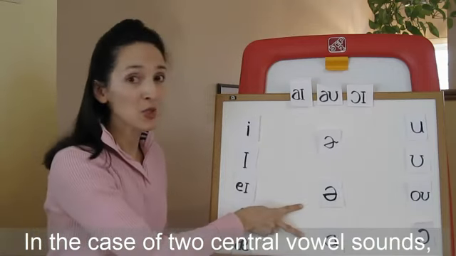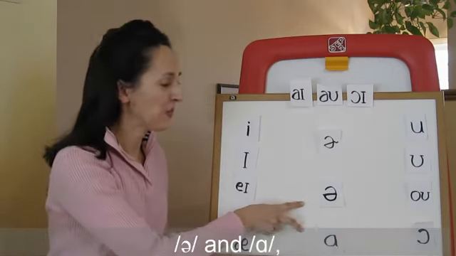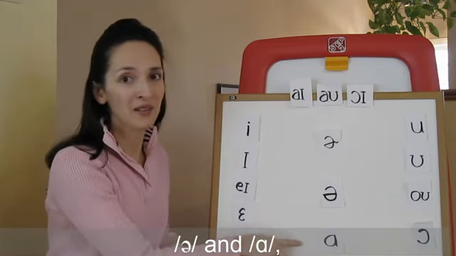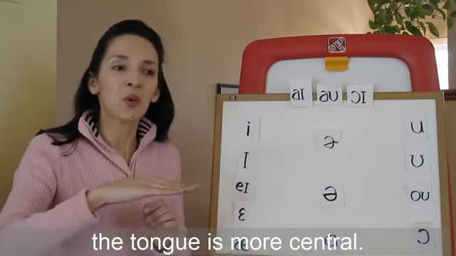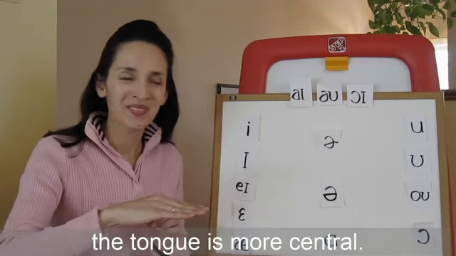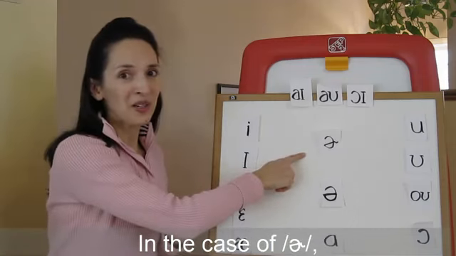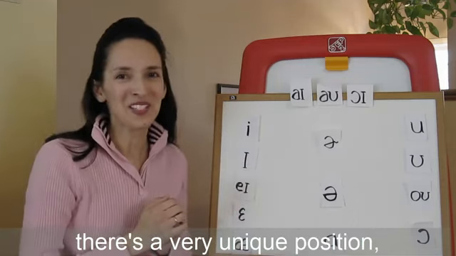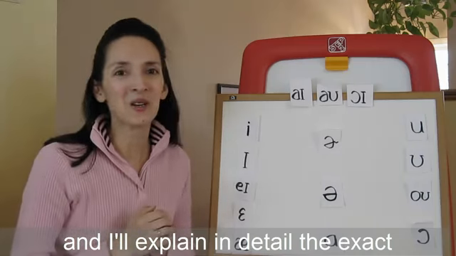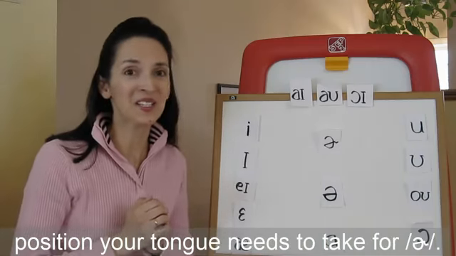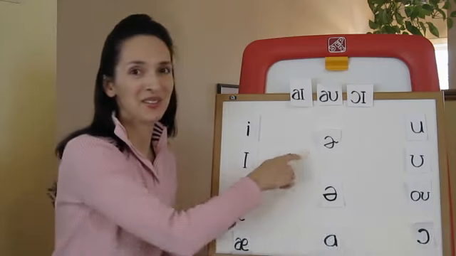In the case of 2 central vowel sounds, the tongue is more central. In the case of the third, there's a very unique position, and I'll explain in detail the exact position your tongue needs to take.